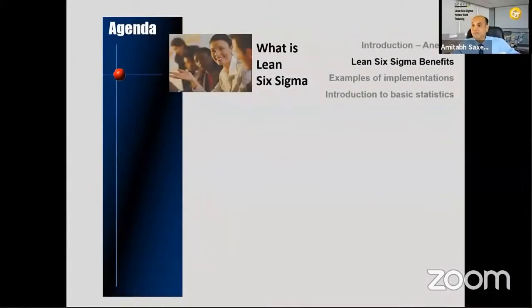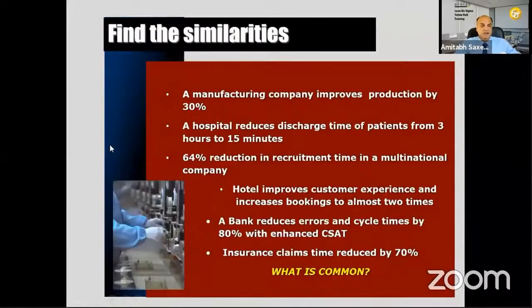Okay, so if you can just tell me, can you find some similarities here? A manufacturing company improves production by 30%.